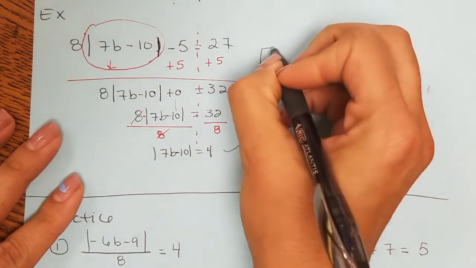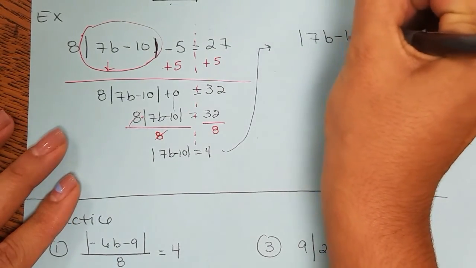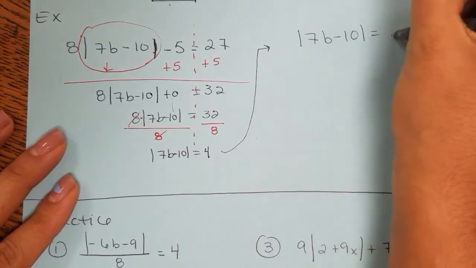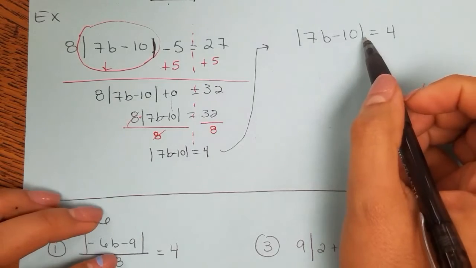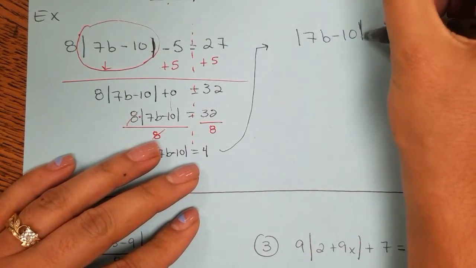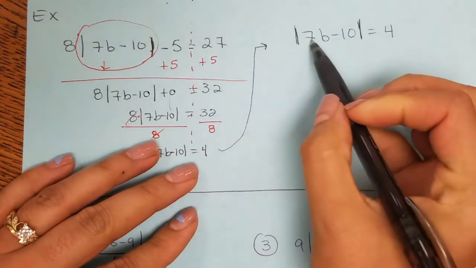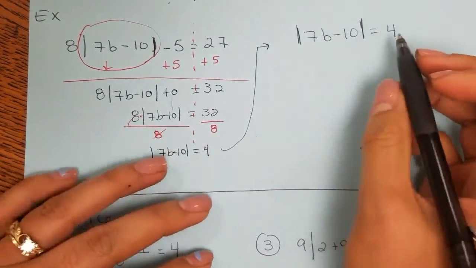And I'm just going to come up here and rewrite it so that we have more space. The absolute value of 7b minus 10 is equal to 4. Now you need to be careful with your absolute value signs. A lot of times you guys will get sloppy and you won't really distinguish that they're absolute value signs, and you'll think that this is 17b minus 101. Okay, so be careful with your notations.